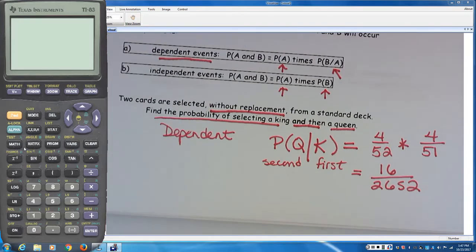So that'd be 16 over 2652. And I'm not going to keep changing them to decimals and fractions. Y'all can do that.